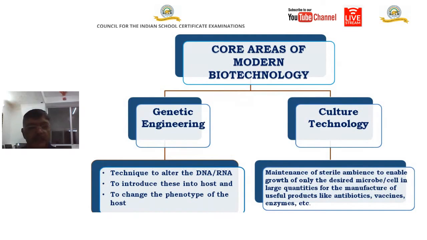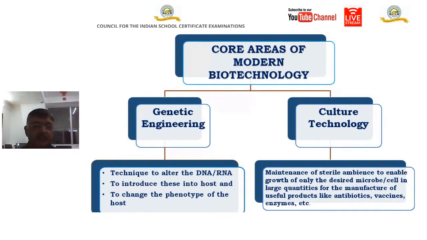So to use it at a larger scale, once we get this genetically modified organism, GMO, this organism is grown under strictly sterile, germ free conditions where unwanted microbes do not grow. We have only the target organism growing.